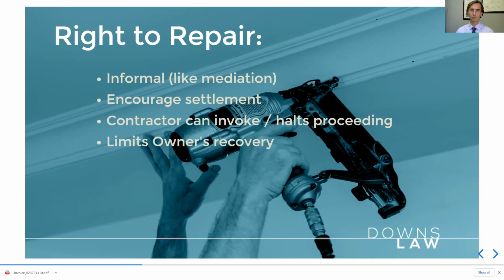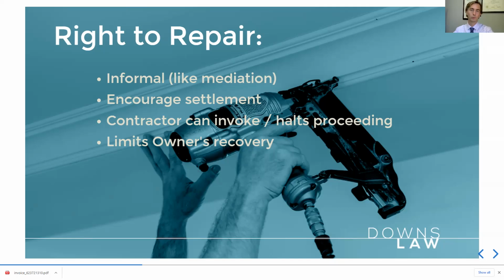Well, if the fact finder, the judge or the jury, finds that your proposal was reasonable, then the owner is limited in its recovery to the value of that proposed repair. So if you proposed a $2,000 repair, but the owner was like, I need a $50,000 repair, then the owner, if they ultimately win, they only get the value of that proposal that you made, assuming that the fact finder finds it a reasonable proposal given the circumstances.